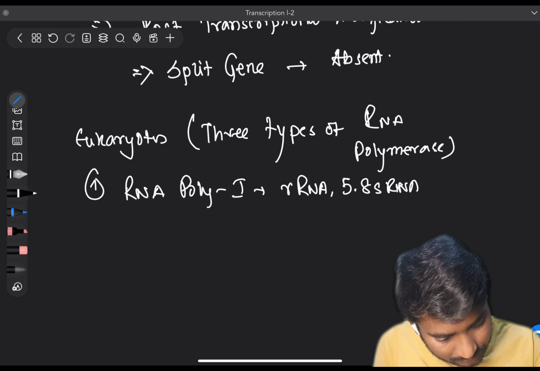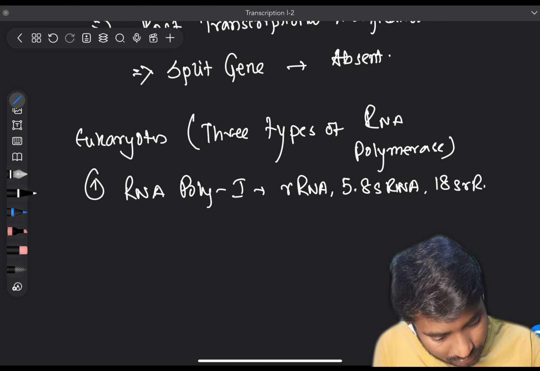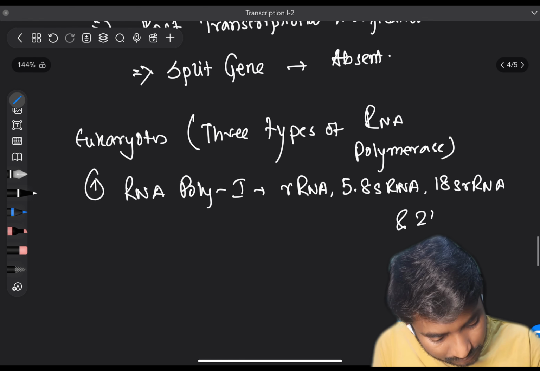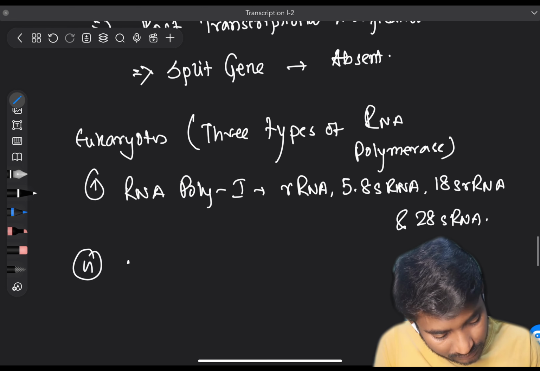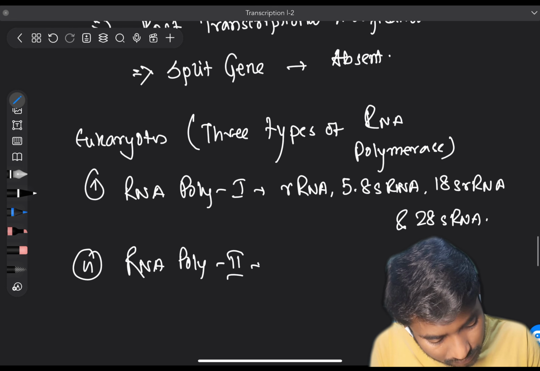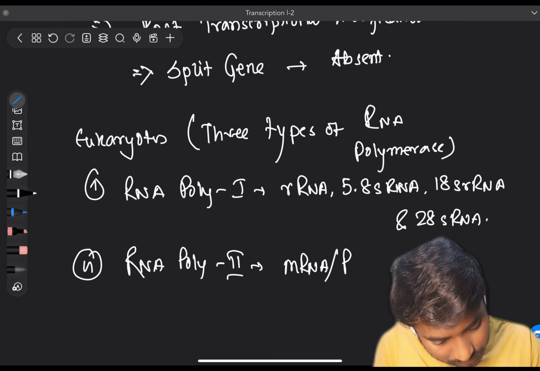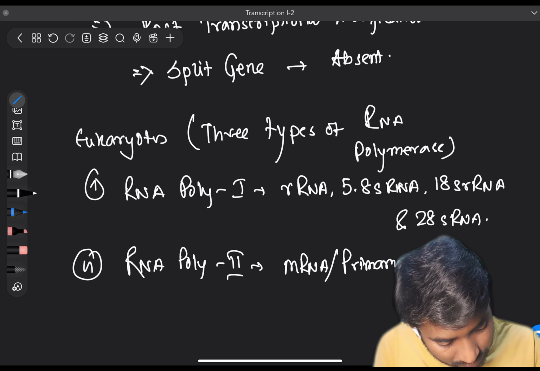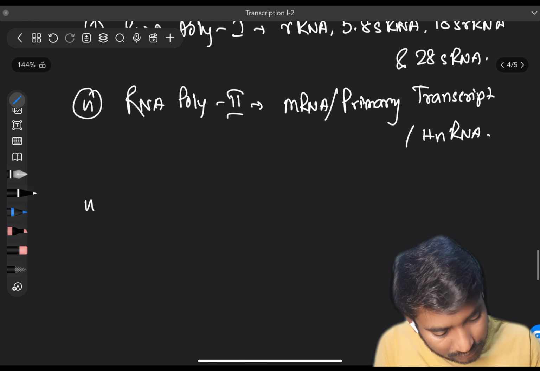Two, RNA polymerase 2, transcribes mRNA, the primary transcript, and hnRNA.